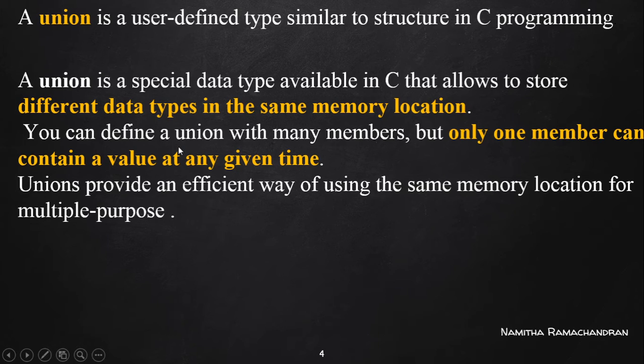This is the main difference of union with structure. Both union and structure can be defined with many members. In a union, only one member can contain a value at any given time.